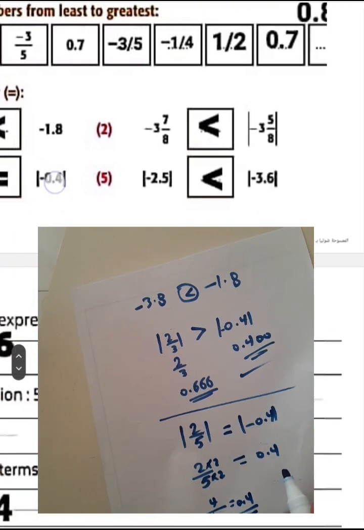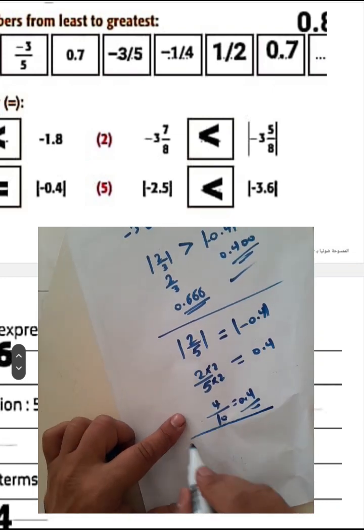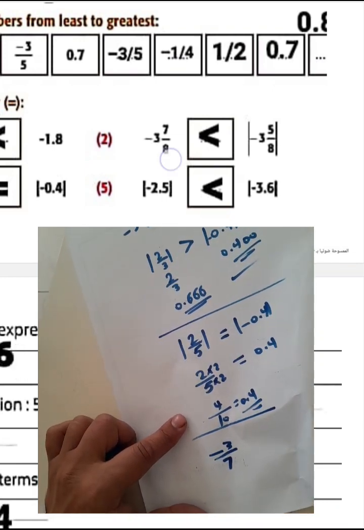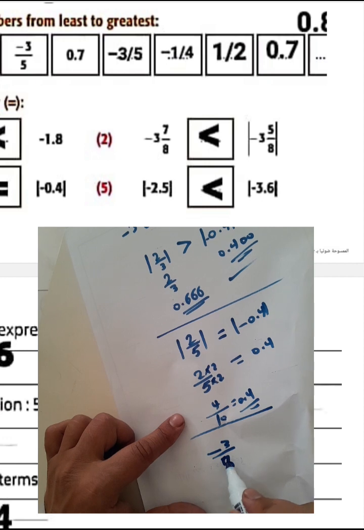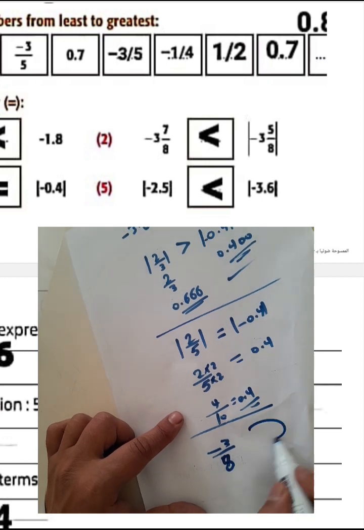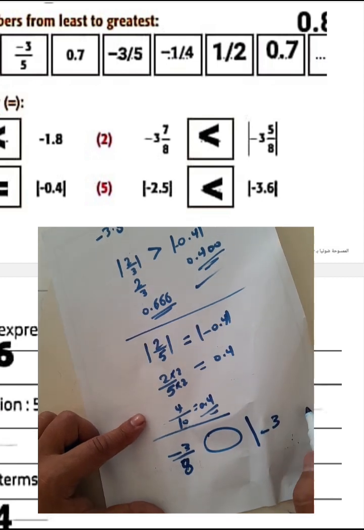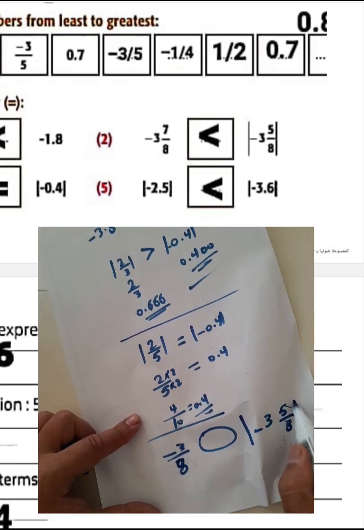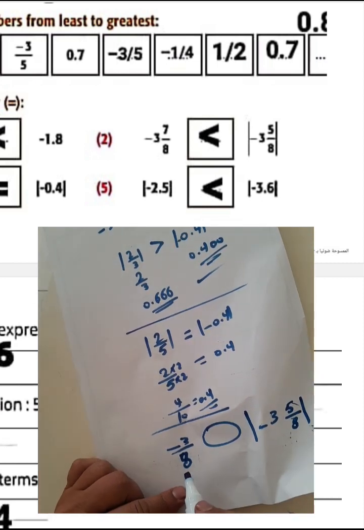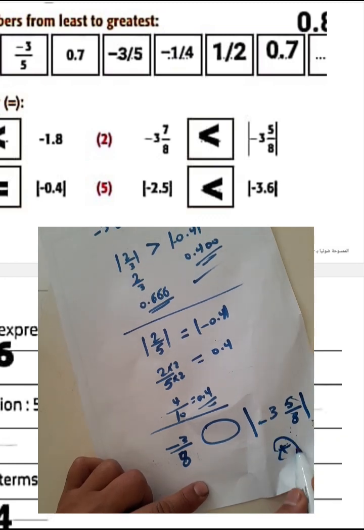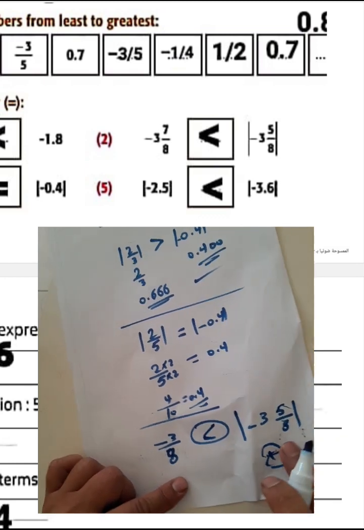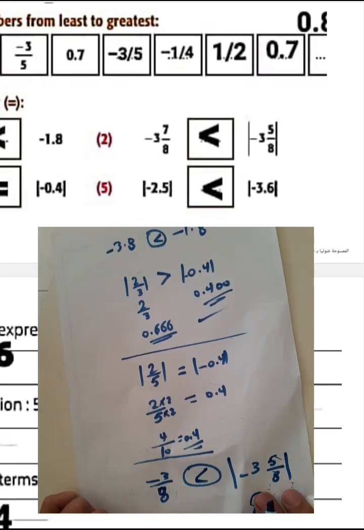Question here, negative 3 over 7, over 8, sorry, or the absolute value of negative 3 and 5 over 8. We have negative, and this number will be positive. The positive will be greater than the negative, because the absolute value of a negative number will be positive.